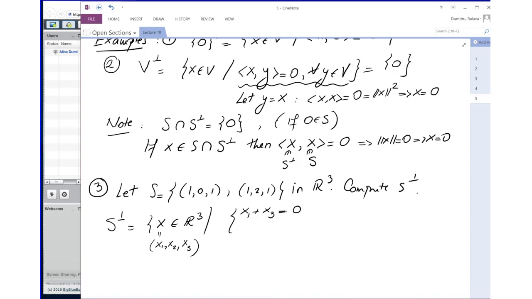So the inner product between X and 1, 2, 1: X1 plus 2X2 plus X3 has to be 0. They both need to happen at the same time, which gives me a system of linear equations that need to be solved.